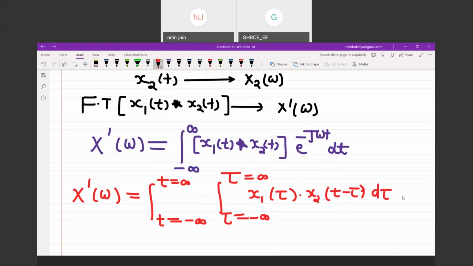into e to the power minus iota omega t into dt. This is the idea.